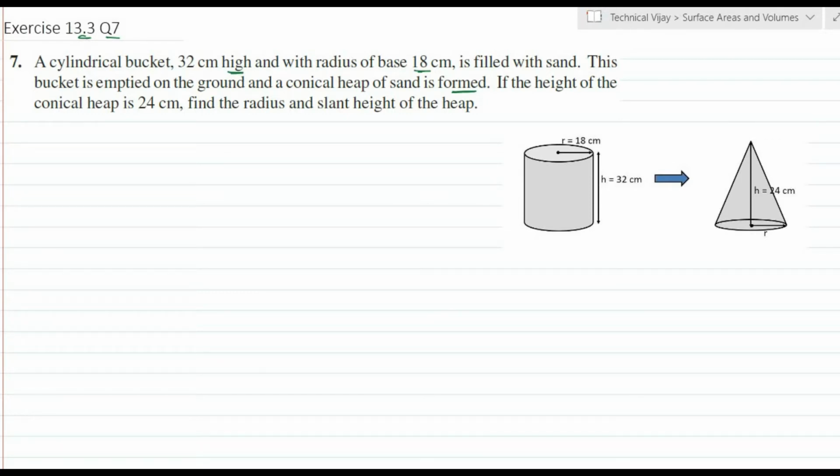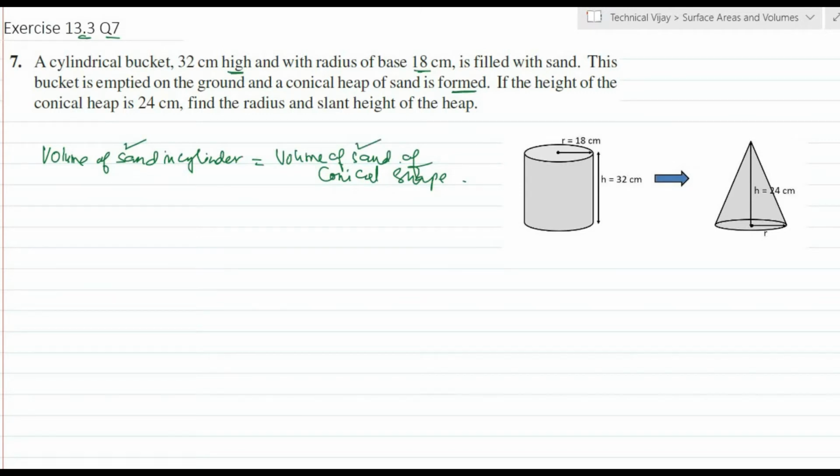Hence the volume of sand in the cylinder is equal to the volume of sand poured on the ground in a conical shape. This we know. So first we have to calculate the volume of sand. After that, this volume is equal to this volume.